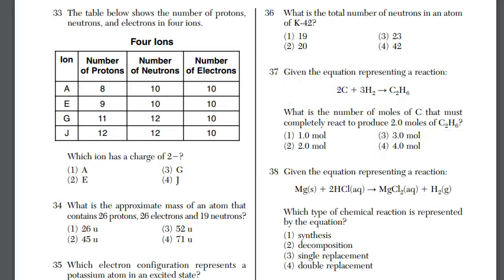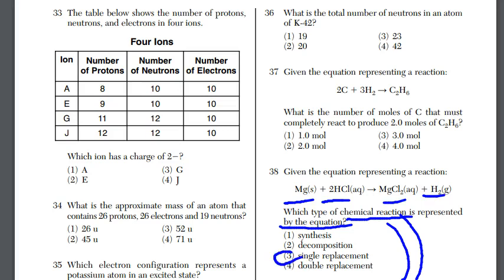All right, question 38. You're given an equation and you're asked which type of chemical reaction. Well, here are the 4 major types, and take a look at the equation. I have an element and a compound, and it's forming an element and a compound. That is a single replacement reaction.